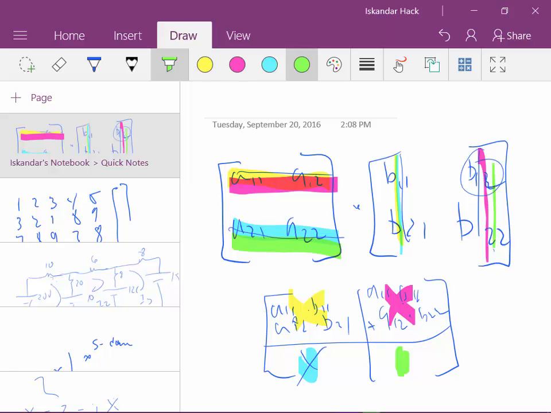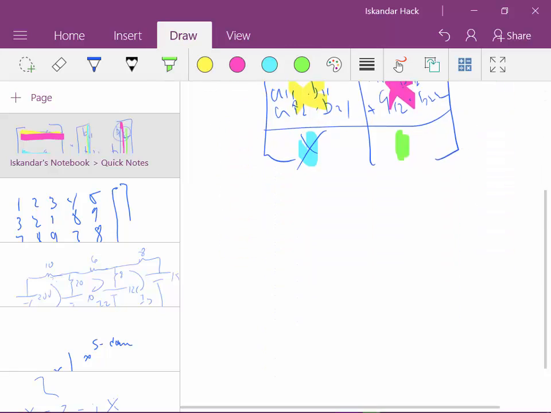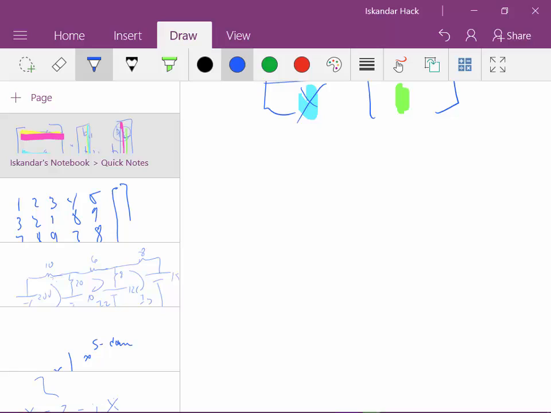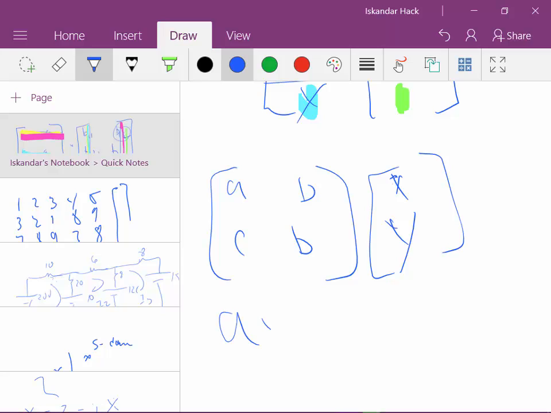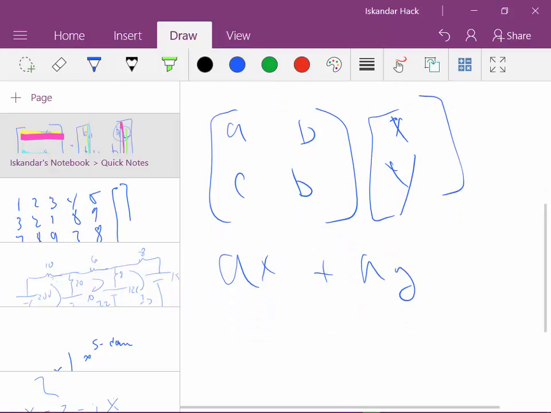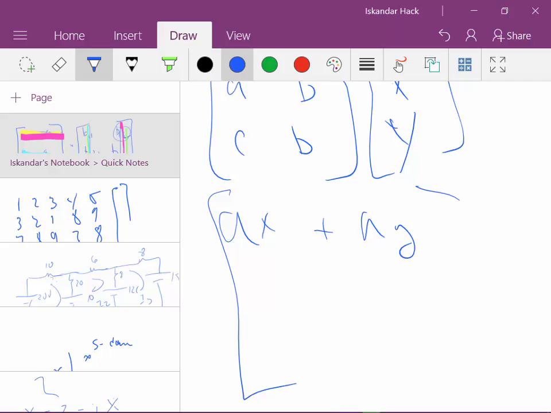If we have the situation of a 2 by 2, and I'm just going to say A, B, C, D times X and Y, it's going to be AX plus BY for the first spot right there, and CX plus DY for the second spot right there.